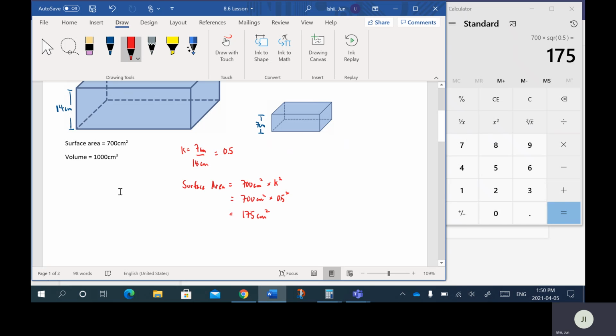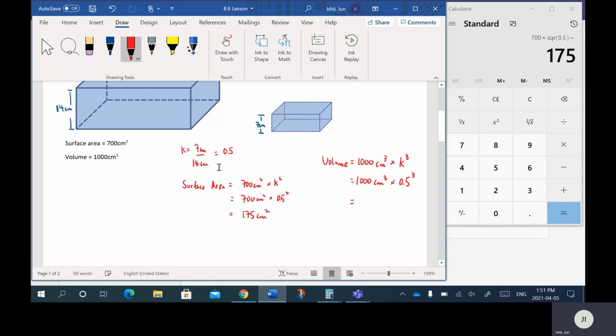Now to find the volume, I take the volume of the larger box, which is 1,000 centimeters cubed, and multiply it this time by k cubed. Again, volume gets changed by k cubed, surface area gets changed by k squared. So it's 1,000 centimeters cubed times 0.5 cubed.